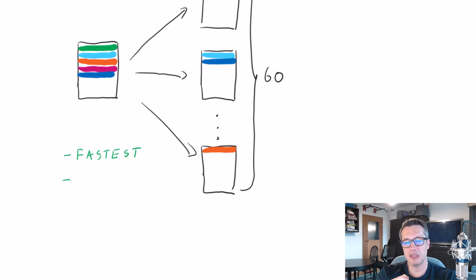Alright, but in what cases do we care that much about the insert speed? And the answer is simple. In case of staging tables. Staging tables are a concept inside databases where we have a dedicated set of tables to which we just dump the data as fast as possible.